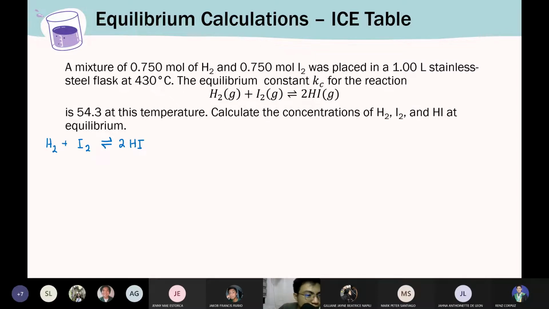And then, sulat natin ICE. Lagyan mo yan ng ganyan.